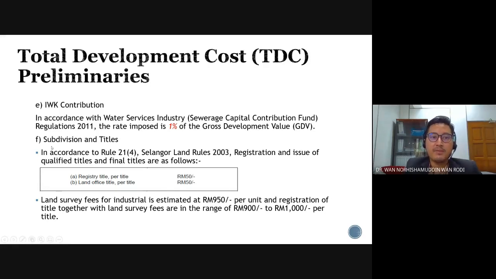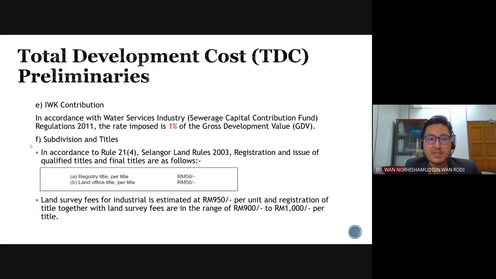Okay, for F, subdivision and titles. For example, let's say you have one title of site. For the site with one title, you have to do a subdivision, because you need to separate the site into several lots, with individual titles.